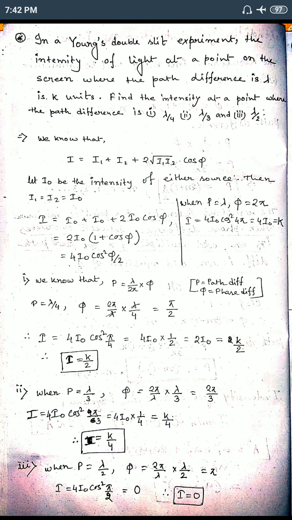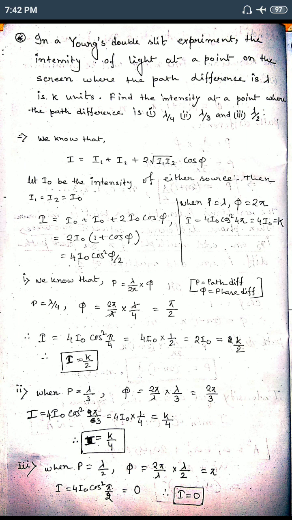If we put phi as pi by 2, we get cos square pi by 4, whose value is half, so we get 2 I0. Since 4 I0 equals k, in place of 2 I0 we can write k by 2, so I equals k by 2. So the intensity is half of the first intensity for this path difference.